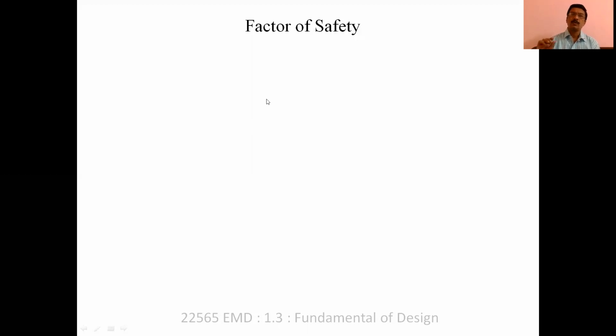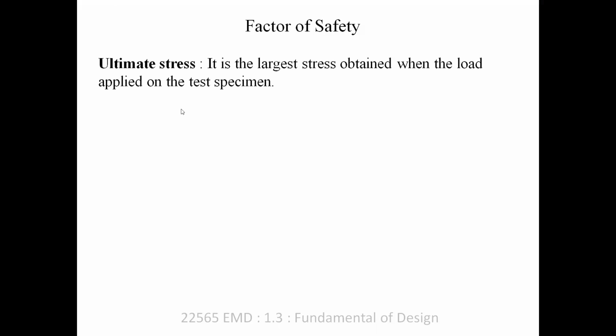Now we know that for any material, it can sustain a maximum stress, which we call the ultimate stress. It is the largest stress obtained when the load is applied on a test specimen. So this is the definition of ultimate stress that we know.